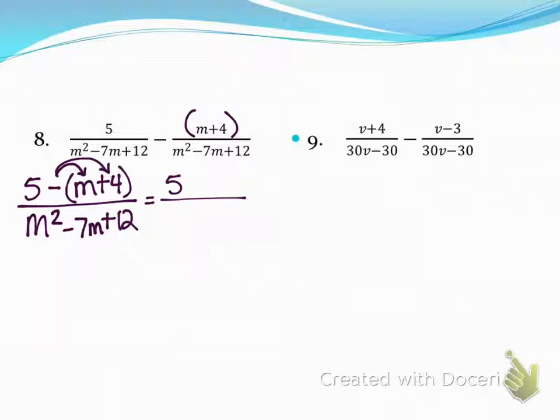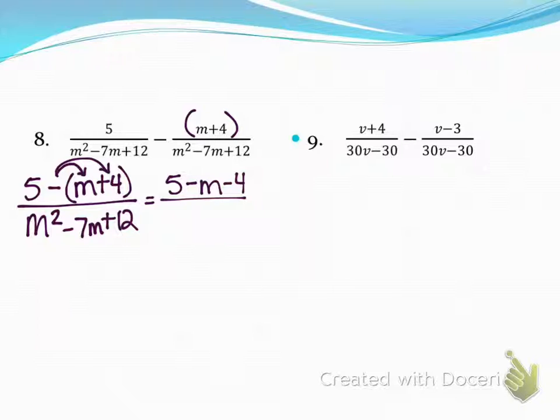The 5 stays the same from that first numerator. If I take negative times m, that's going to be minus m or negative m. And then I'm taking a negative times a positive 4. It's going to change it to be negative 4. So really it's just going to change your signs from your second numerator.